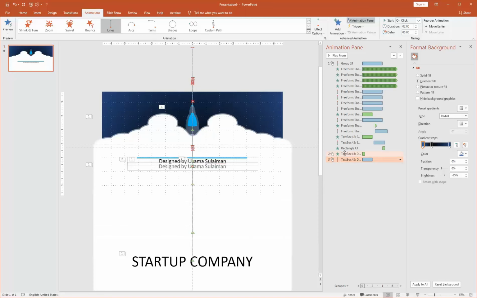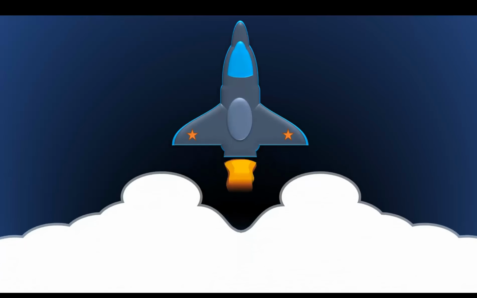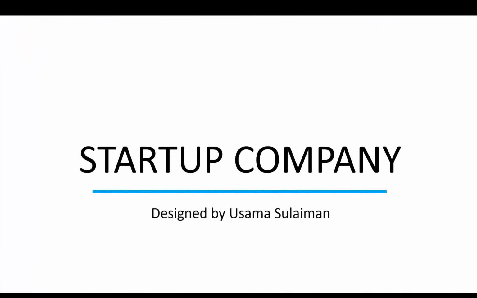Now make text box animations start with previous. And increase the delay a bit more. View the animation. Perfect.